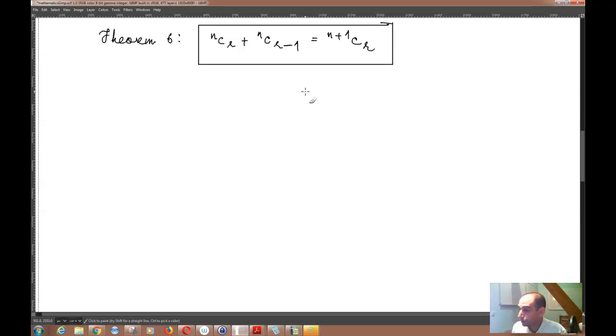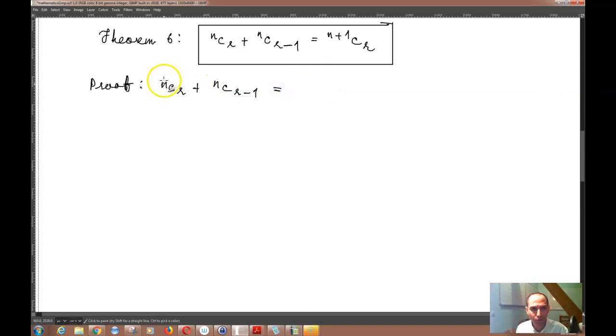So basically, as the proof, we have the left hand side of this equation, n combination R plus n combination R minus 1.